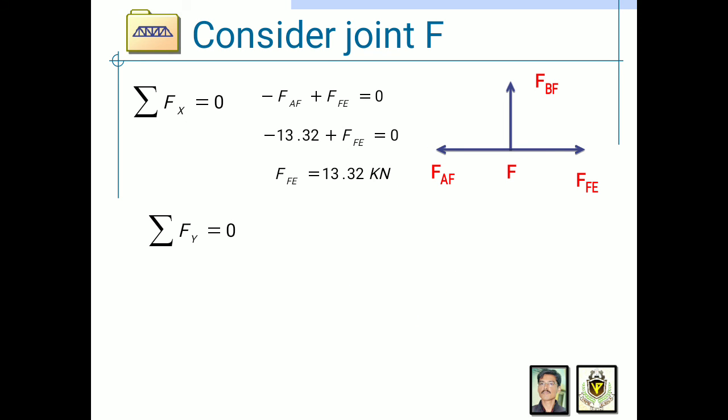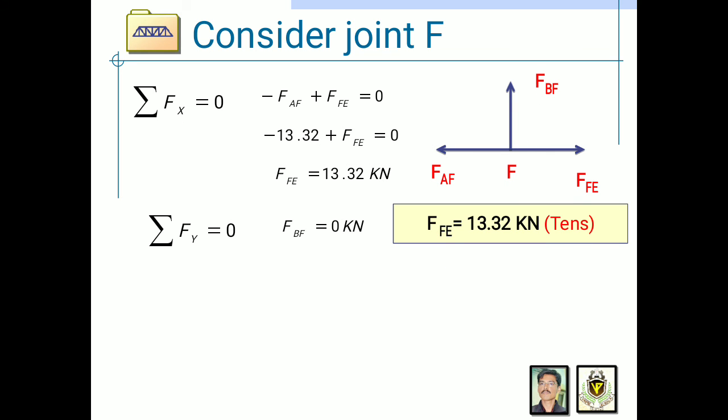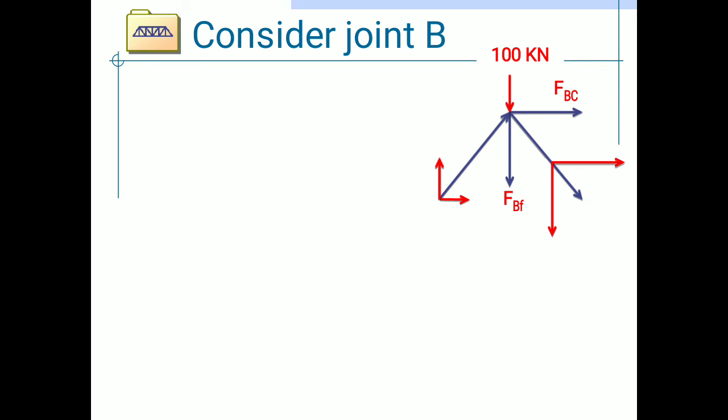Now applying the second condition, summation Fy is equal to 0. In vertical forces, there is only one force, FBF. Therefore, the value of FBF is equal to 0 kilonewton. Therefore, the final force FFE is equal to 13.32 kilonewton, which is in tension, and FBF is equal to 0 kilonewton.